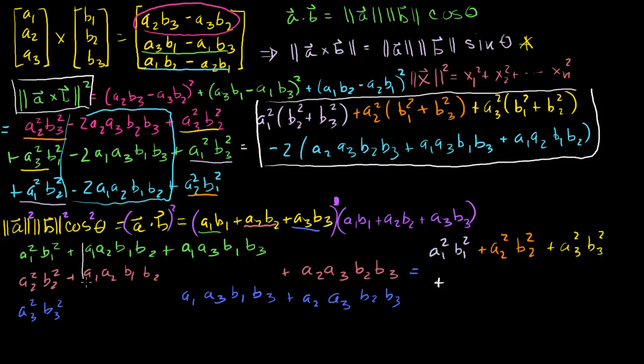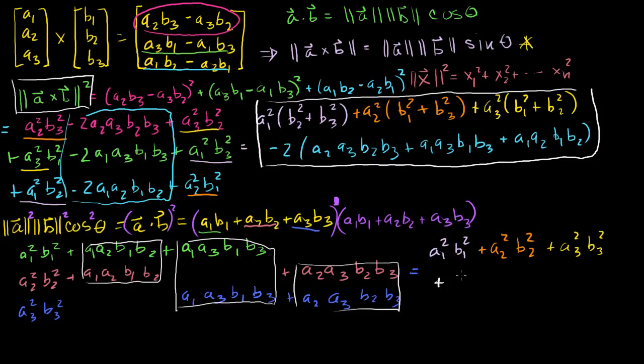You have this term times 2. You have this term times 2. And then you have this term times 2. So plus 2 times a1, a2, b1, b2, that's that term, plus this one right here, a1, a3, b1, b3. Finally, plus this one, a2, a3, b2, b3.